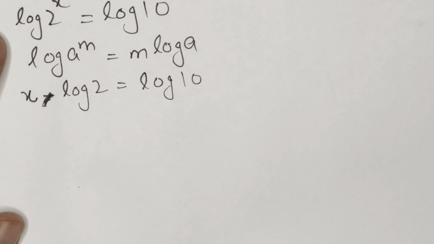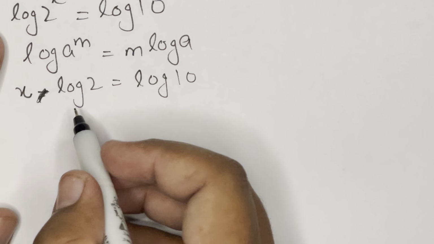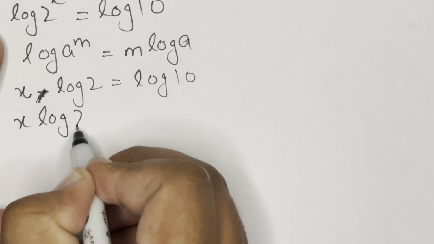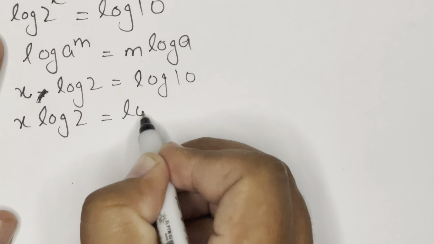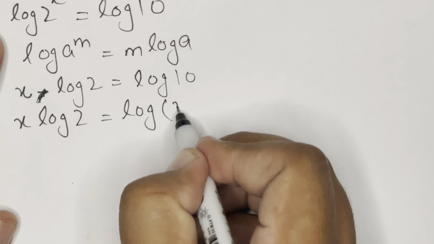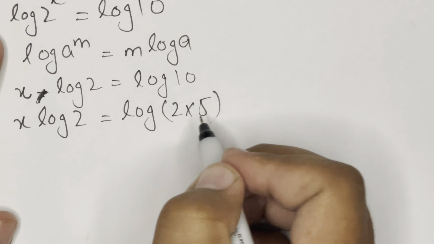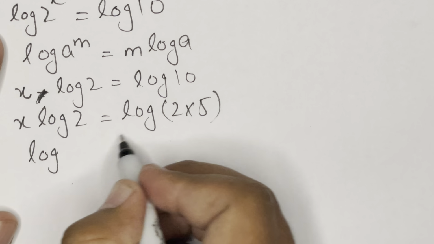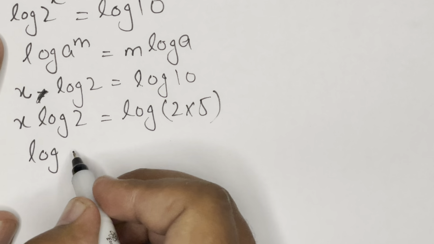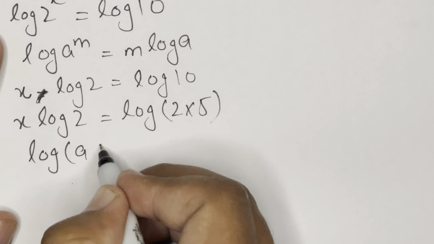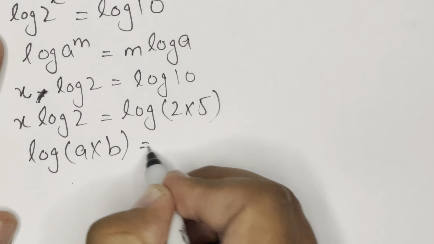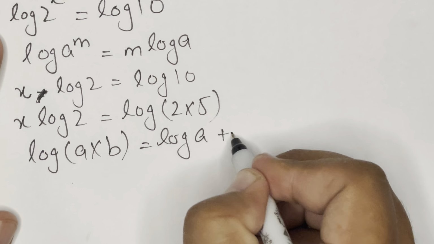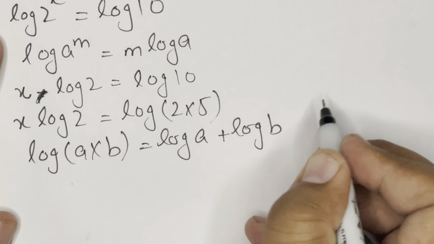Now the next part is I can write this like that: x log 2 equal to log 10. I can write 10 as 2 multiply 5. Now the next is I can write log of 2 multiply 5 like that: log of a multiply b equal to log a plus log b.